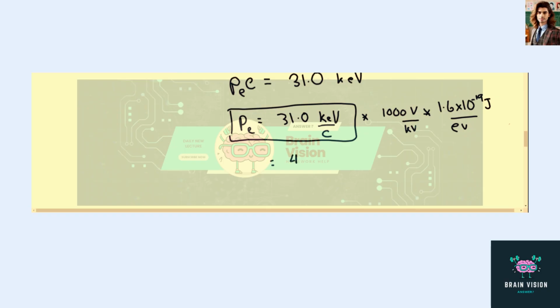So that's 4.96 times 10 to the minus 15 joules per c, and now we can divide by 2.99 times 10 to the 8 meters per second. A joule divided by a meter per second gives the SI unit of momentum. So that is 1.66 times 10 to the minus 23 kilogram meters per second.